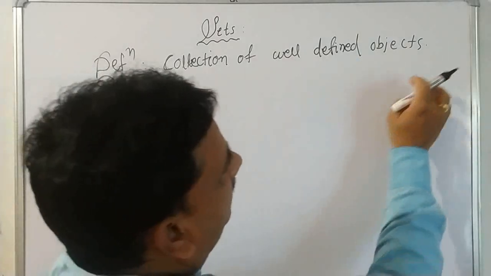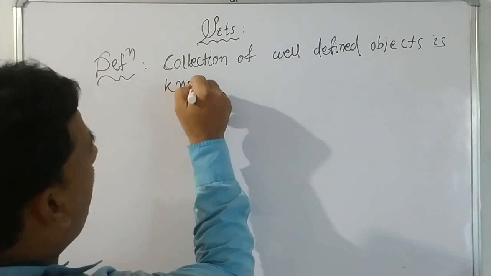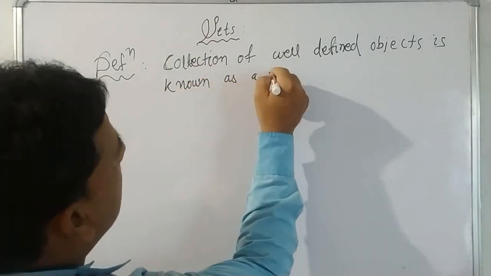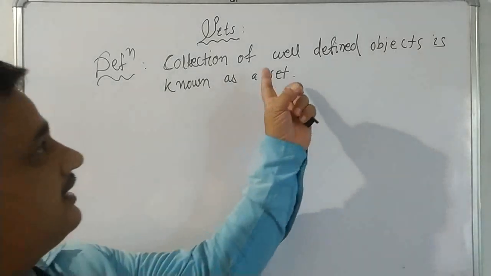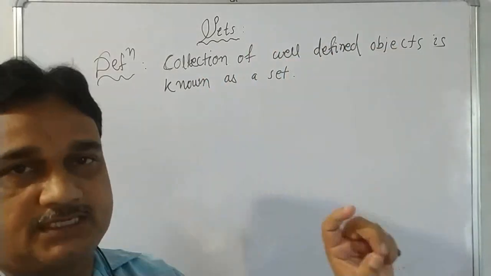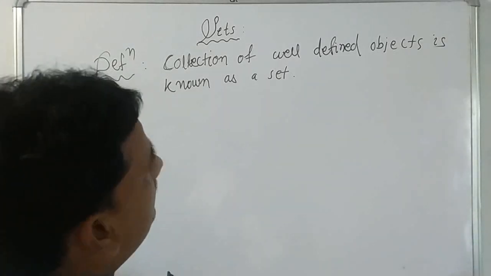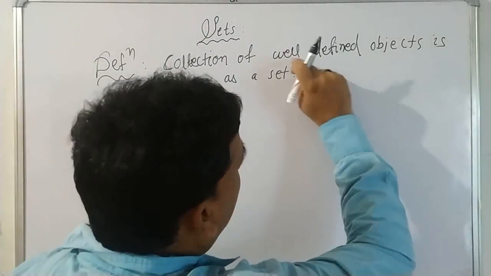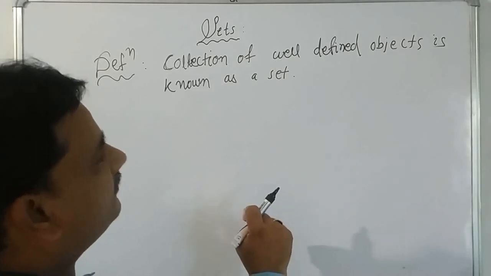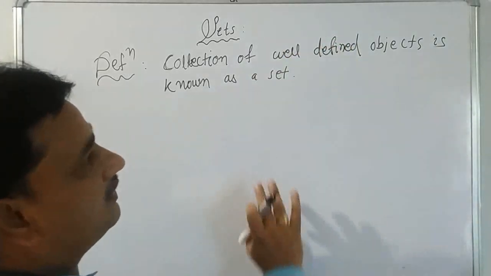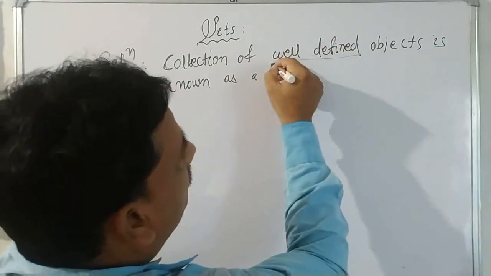Collection of well defined objects is known as a set. I have just said that it's a collection of well defined objects, but you might have a question: what is well defined? What is an object? Let us go word by word. Why have I used this term, well defined?